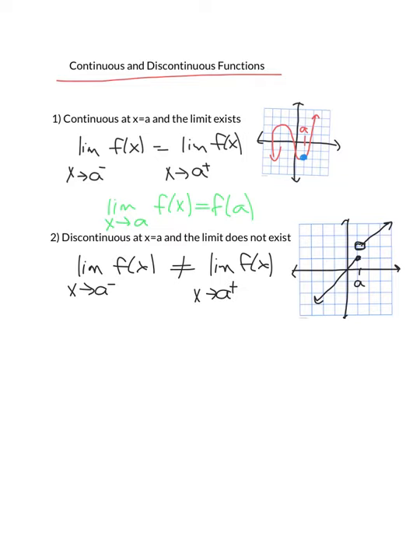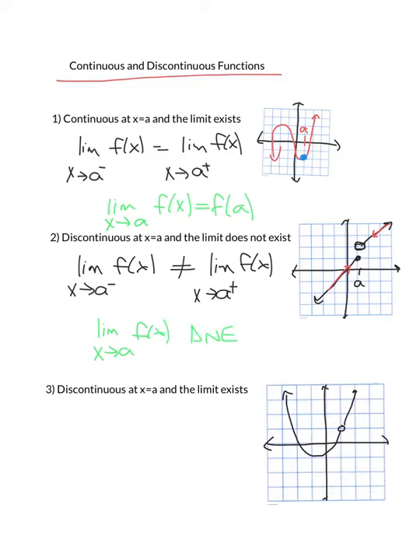If I were to draw some arrows in here, coming from the left and coming from the right, I'm not getting the exact same point. So if I were to summarize this, I could say that the limit as x approaches a of f of x does not exist.